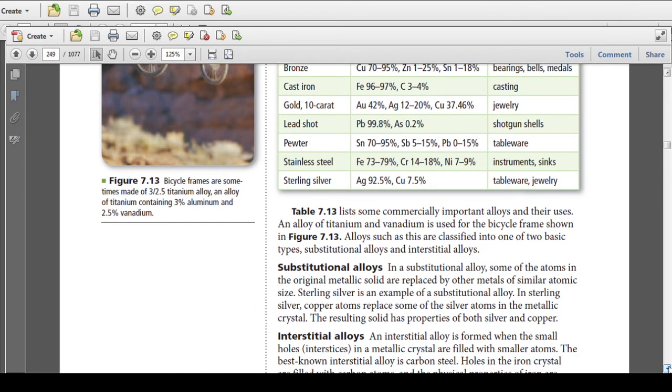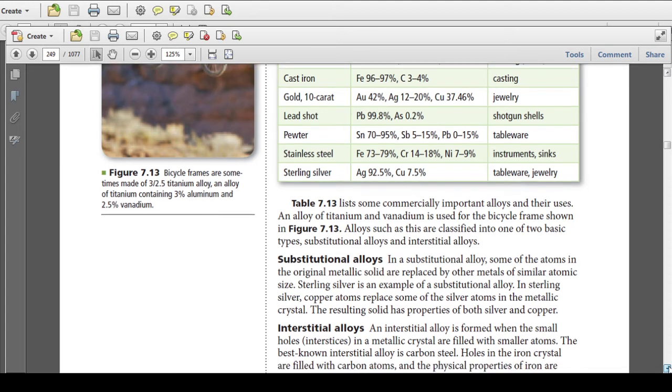An alloy of titanium and vanadium is used in the bicycle frames that you see to the left, which gives it really great strength. Titanium alone probably wouldn't be able to withstand the impact of mountain biking, but once you start mixing in different elements, it really increases the strength.